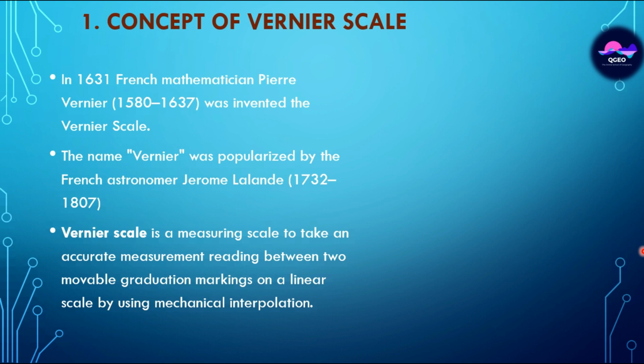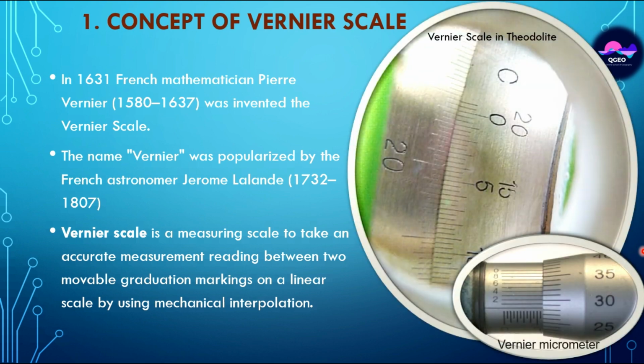Vernier scale is a measuring scale to make an accurate measurement reading between two movable graduation markings on a linear scale by using mechanical interpolation. Here is the Vernier scale in theodolite and another diagram, Vernier micrometer.